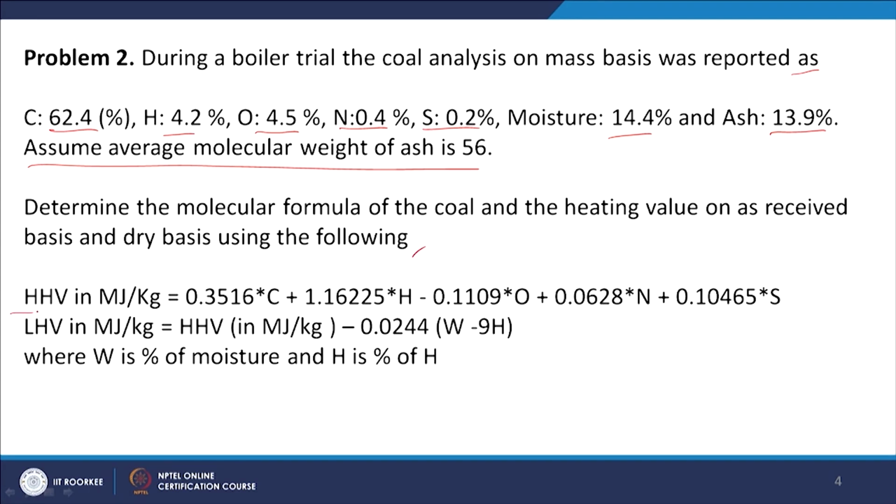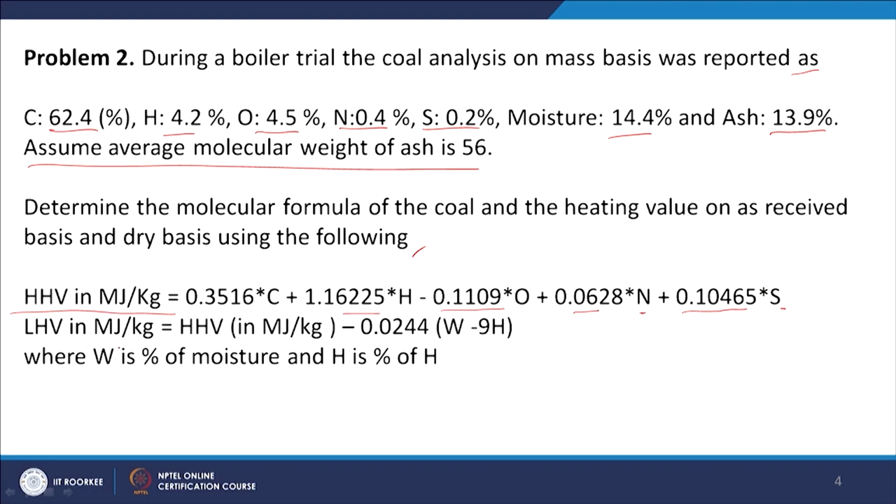So, these are the relationships given. HHV is equal to 0.3516 into C, that is the percentage of carbon, plus 1.16225 into H, percentage of hydrogen, plus 0.1109 into O, percentage of oxygen, plus 0.0628 into N, percentage of nitrogen, plus 0.10465 into S, percentage of sulfur.